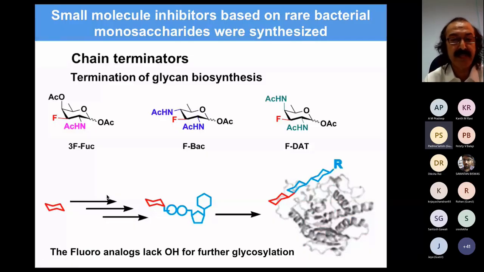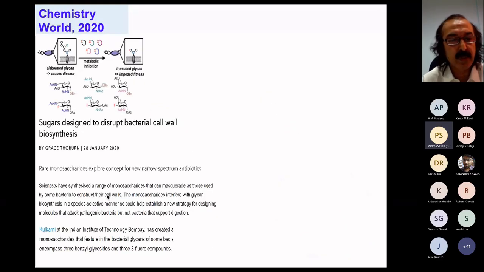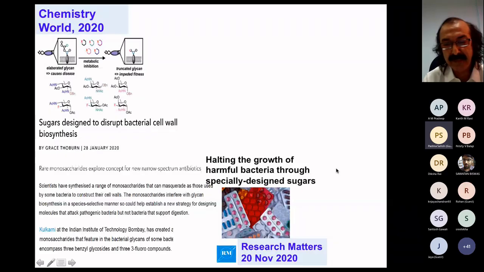And indeed, what we found is that that led to growth defects. We were able to use these kinds of sugars to disrupt bacterial cell wall biosynthesis and halt their growth. This was highlighted in Chemistry World recently, and we got very good praise for this research. Also thankful to IRCC.